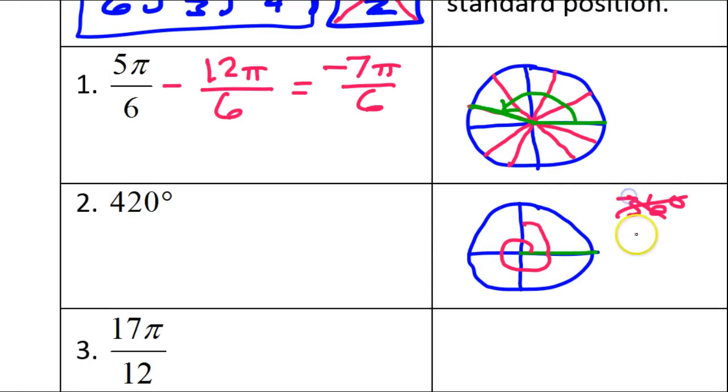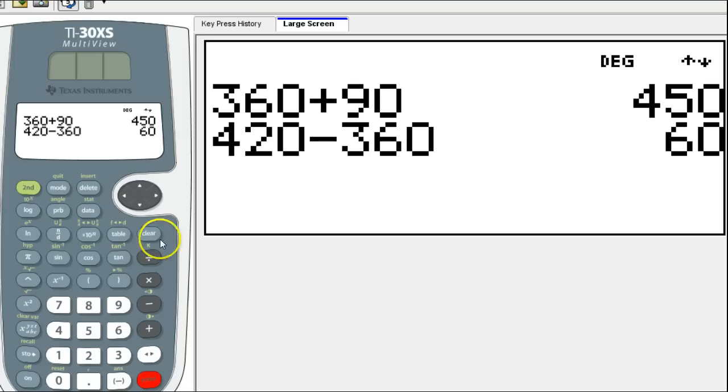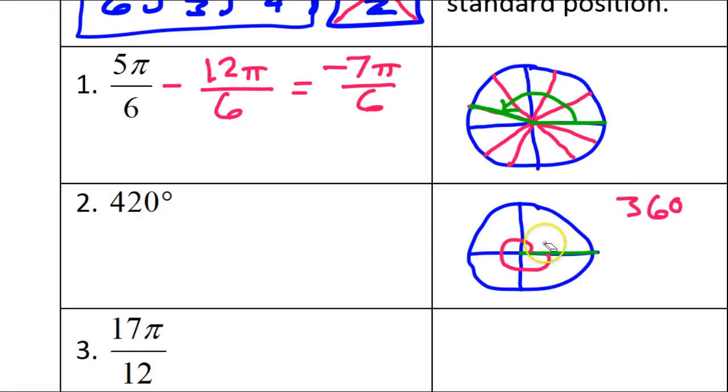So I'd be looking at 450 degrees if I went this far. But that's too far. I only want to go to 420. Notice that the difference between 420 and 360 is 60. So that means if I go 60 more degrees past 360, that will be 420.